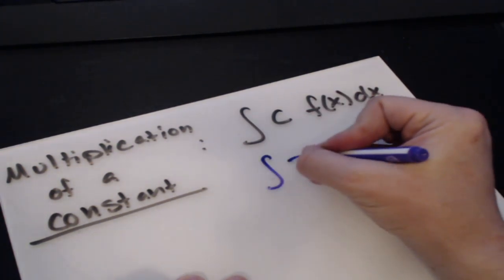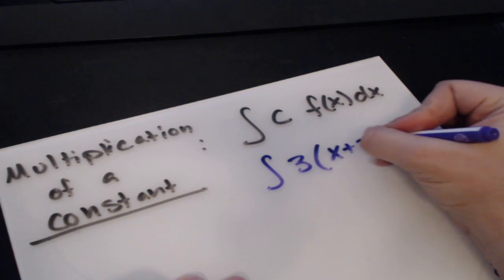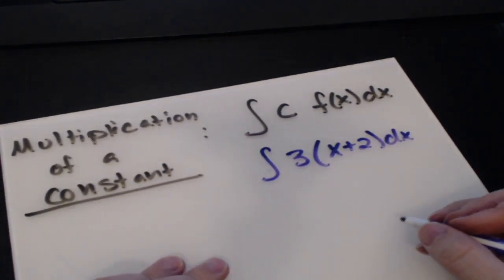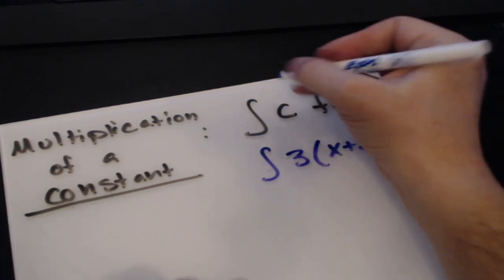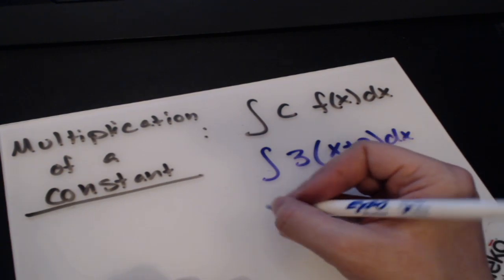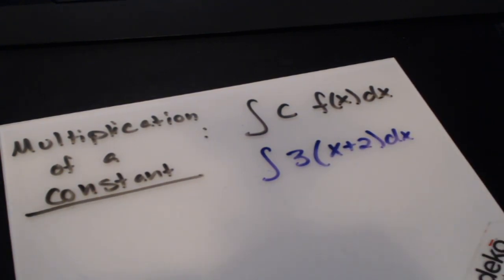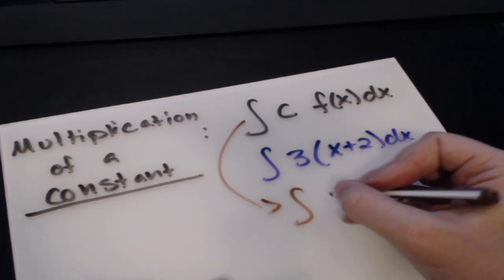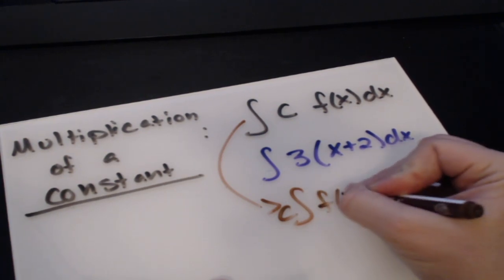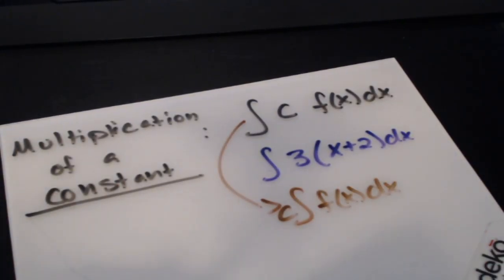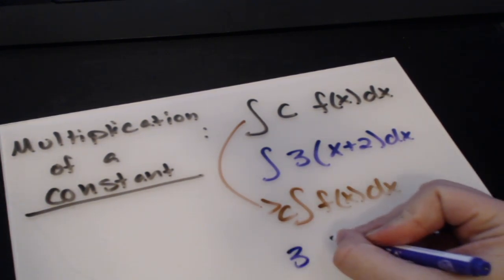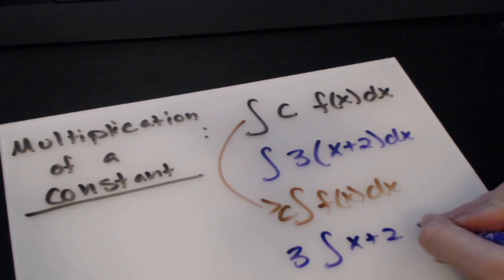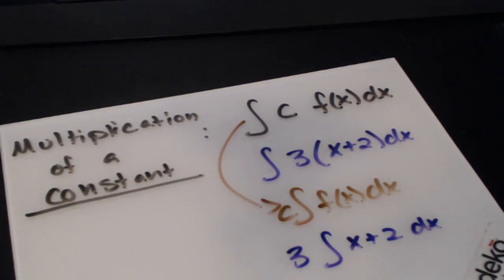If we have the integral of 3 times x plus 2 dx, you have options. You could distribute the 3 and then take the integral. But what the rule says is you can actually just take the constant out front. So you can go from here to here and get c times the integral of f of x dx, which means if I rewrite this integral, I could just say 3 times the integral of x plus 2 dx. I can just pull that constant out front and not deal with it ahead of time.